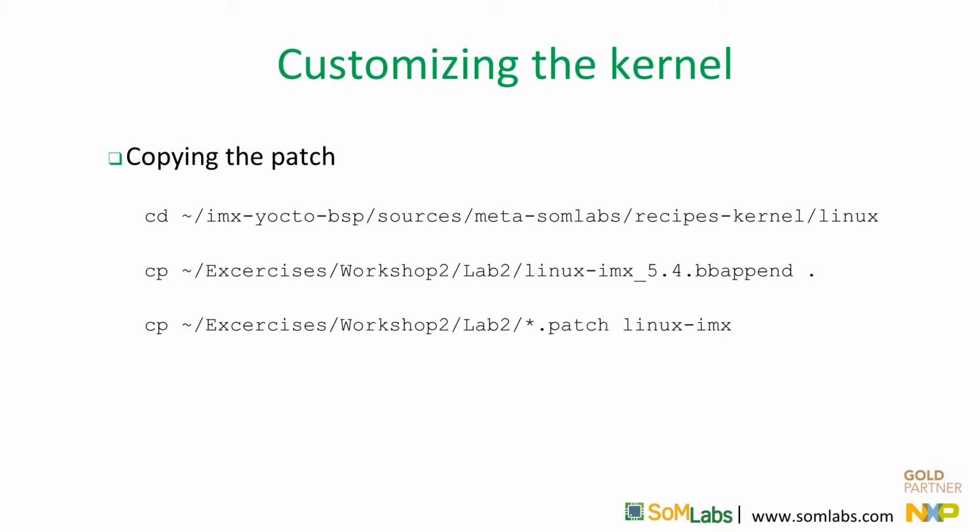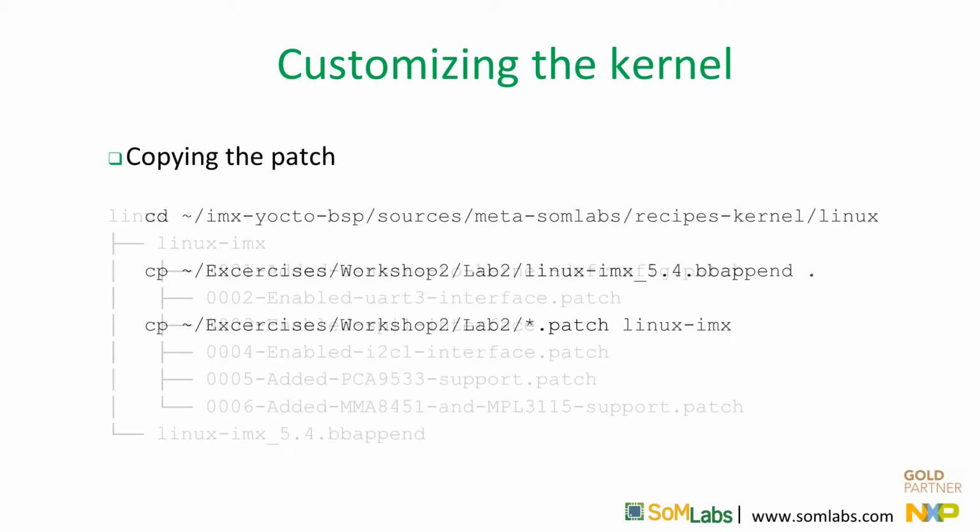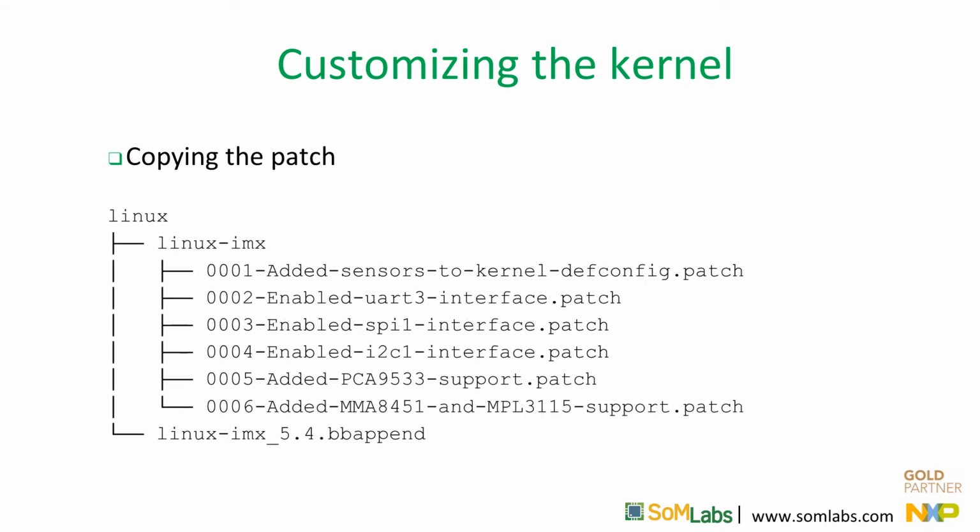The latter may need to be modified if the kernel configuration patch name we put manually in the last exercise is different from what was suggested. Finally, the kernel recipe directory should look like this. It contains a modified recipe file with the bb append extension and patches numbered from 1 to 6.